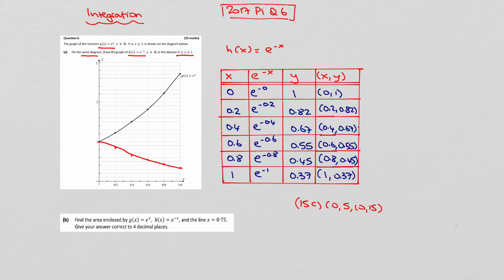So B says then find the area enclosed by these two functions g of x and h of x, where the red line is h of x, and the line x equals 0.75. So the line x equals 0.75 is parallel to the y-axis, passing through the 0.75, which is here.